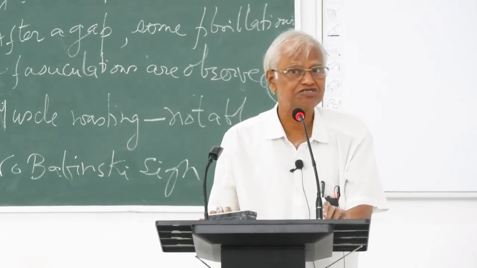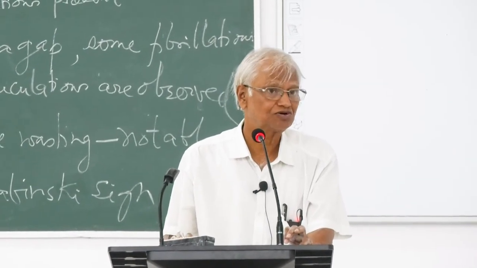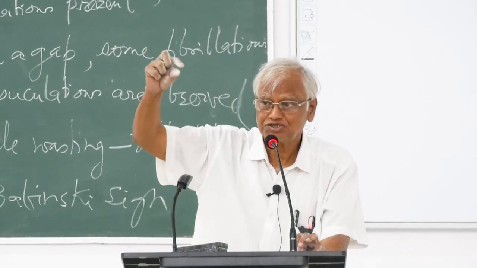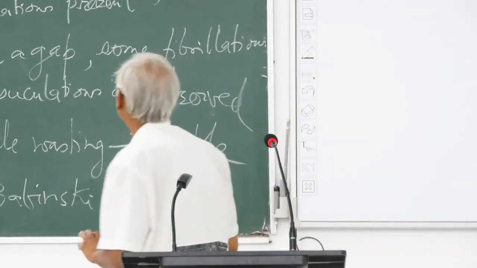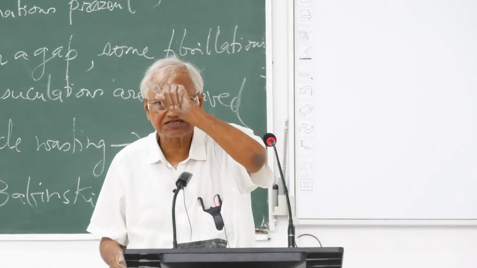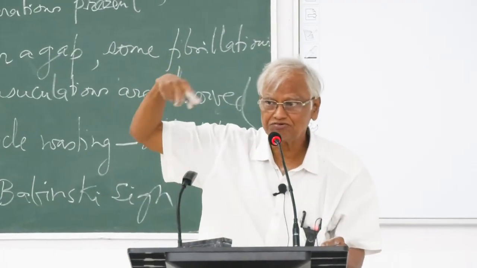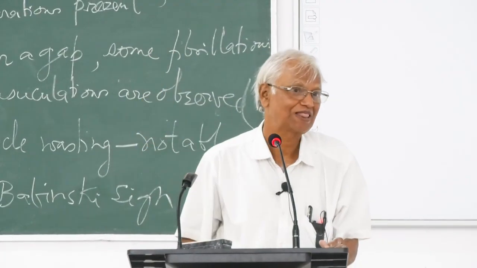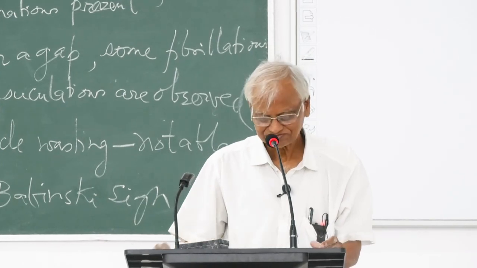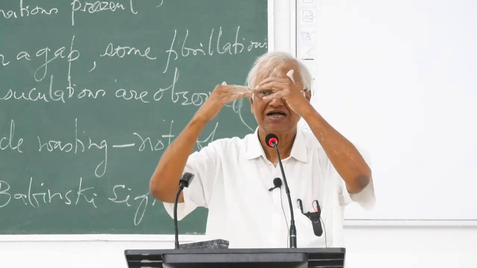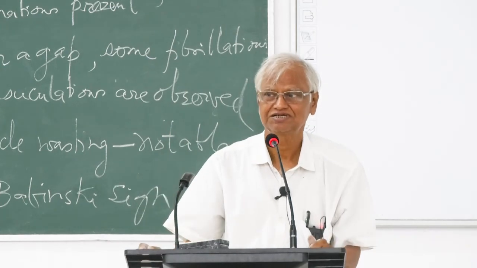Syringomyelia is a disease of the spinal cord where the tissue around the central canal, you remember the picture, there is a central canal, the tissue surrounding the central canal is damaged, particularly the front and the lateral parts.